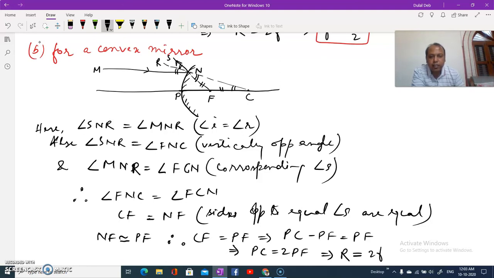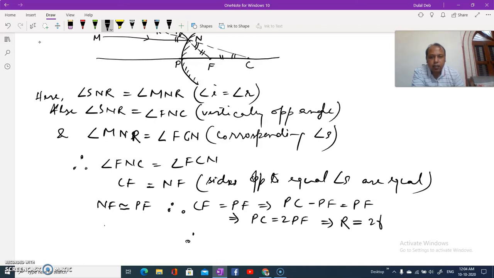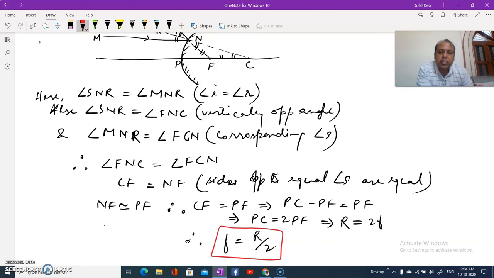So the final result that we are getting here is F is equal to R upon 2. This is a value which we are getting both for concave as well as convex mirror. So I hope this is very clear to you. Any doubt, you can post me the doubt. Thanks.